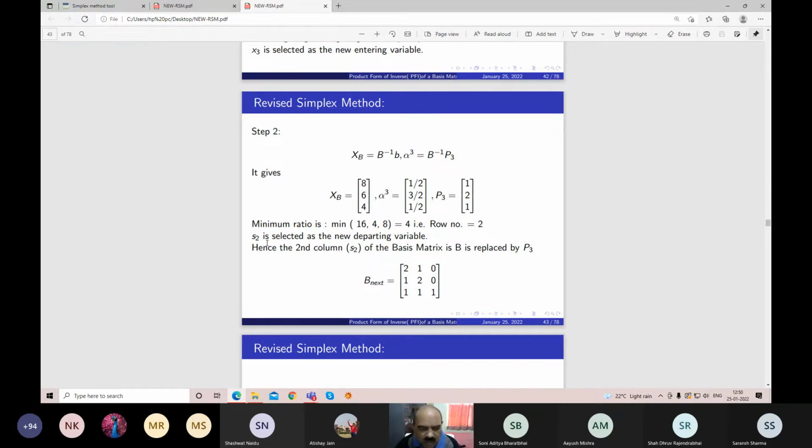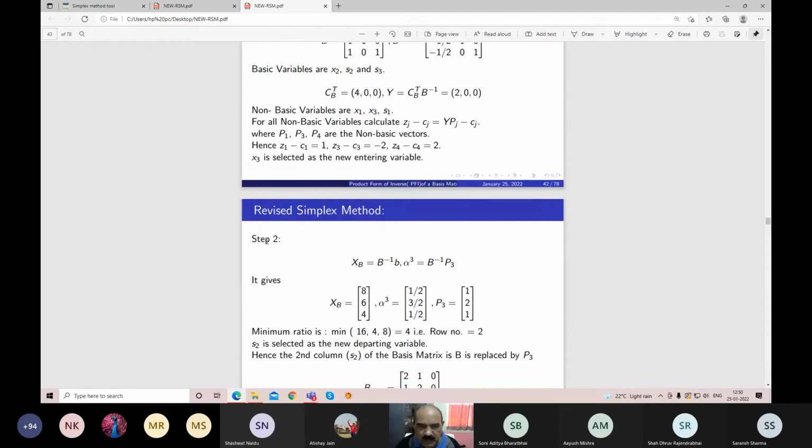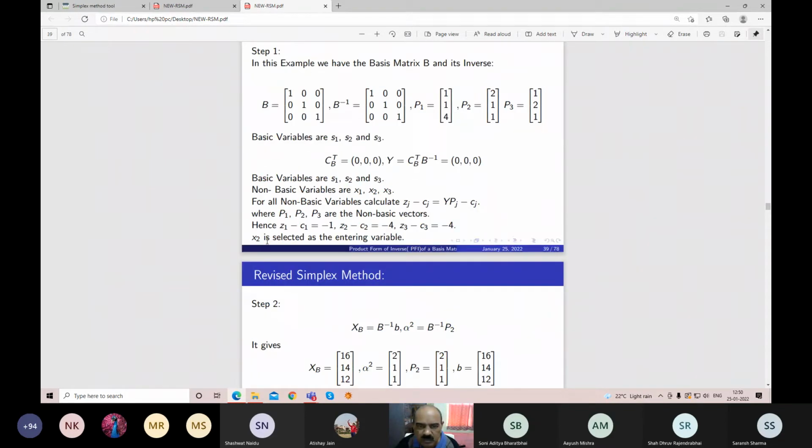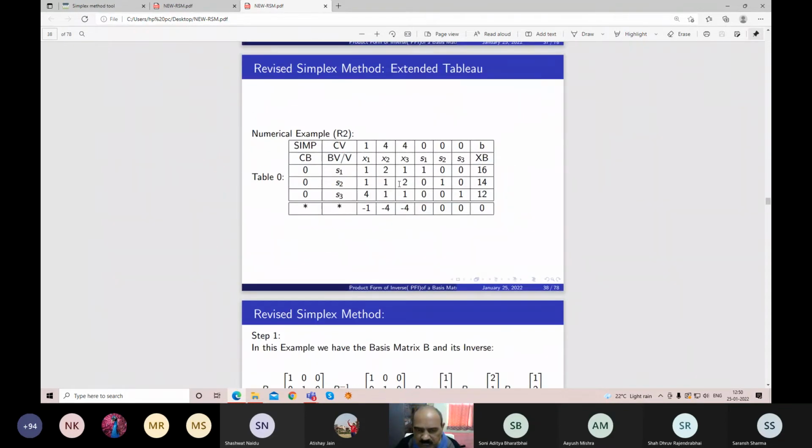Now, with respect to S2, what is happening? This P3 column elements are 1, 2, 1. This column will replace in the S2 position because S2 is the departing variable. This house is now empty.